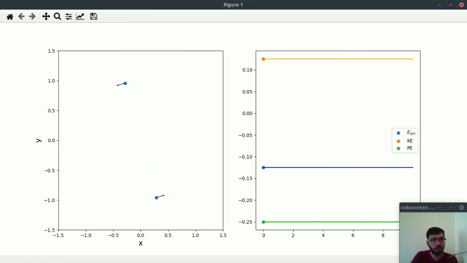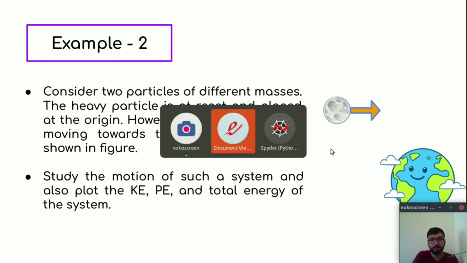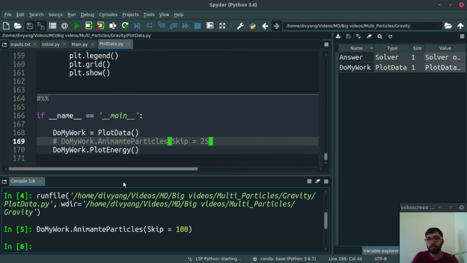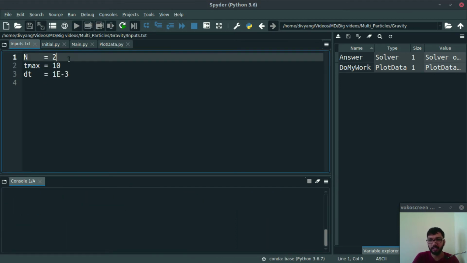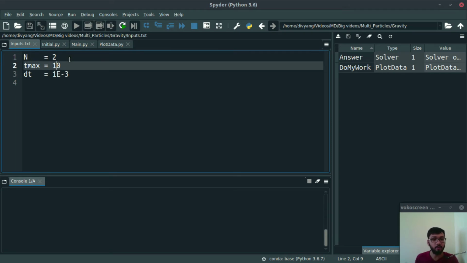Let me first close this figure. Okay, let me first open this inputs.txt file, and in this case also we want to simulate two particles, right? And we want to run this simulation for 4 normalized time units.